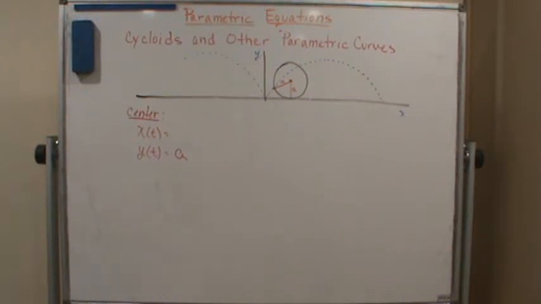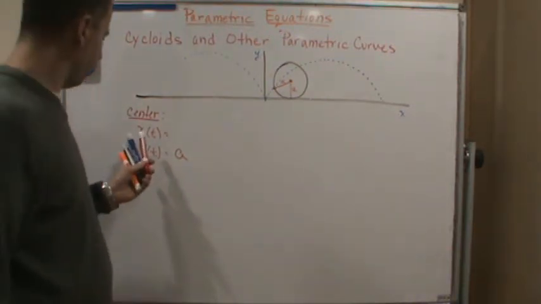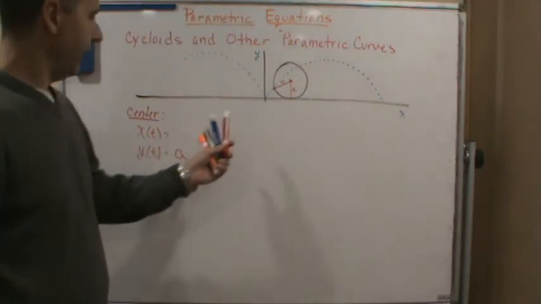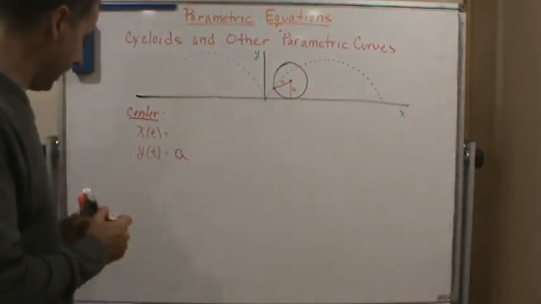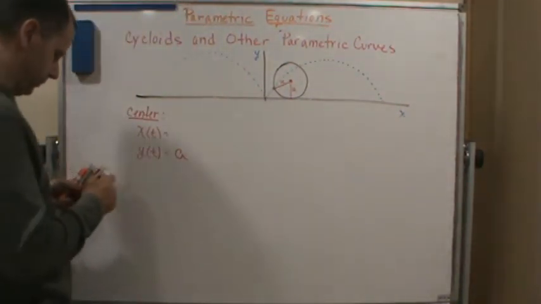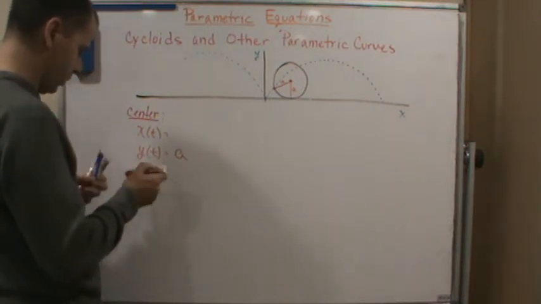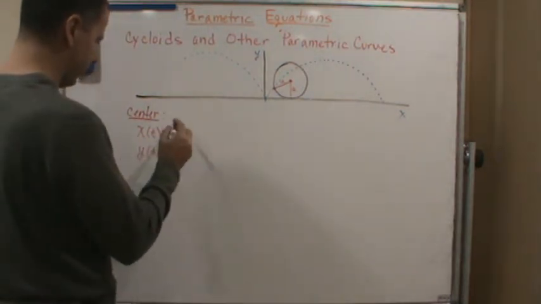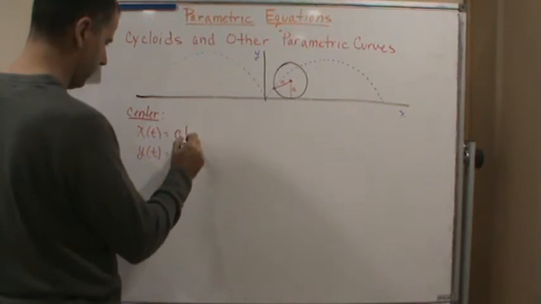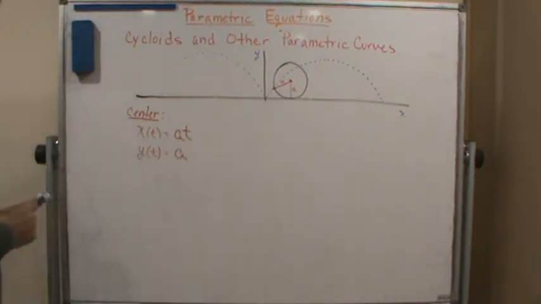So if y of t is equal to A, we can describe the center x of t as a multiple of A. So we could write it this way: A times t.